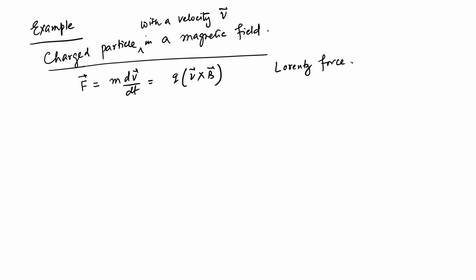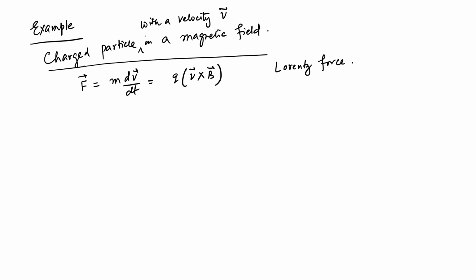So, one may want to know what is the trajectory of the particle in presence of such a force. Okay. And it is easy to understand, or most of you already know about it, that the particle actually executes a circular motion when you have a v which is perpendicular to b. So, if v is perpendicular to b, it is a q v b, and this would be sort of compensated by the m v square over r, which is the centripetal force, and so the magnetic field will sustain such a circular motion.